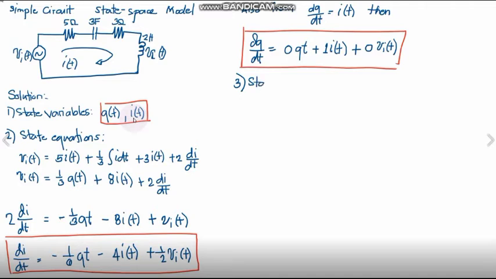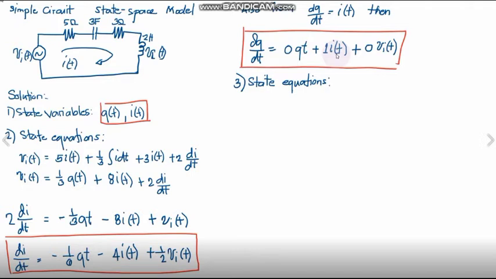So the derivative of these state variables will be the state equations. Next, we need to solve the simultaneous equations of our state variables, since we have two variables in this case, the q(t) and the i(t).